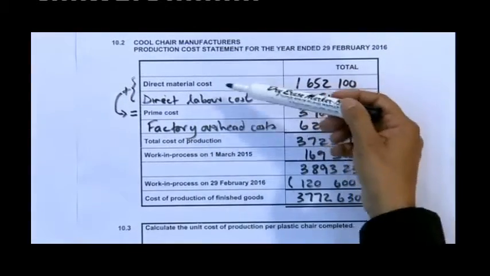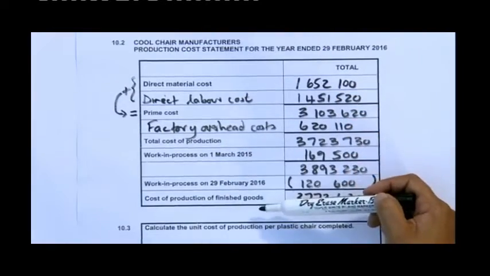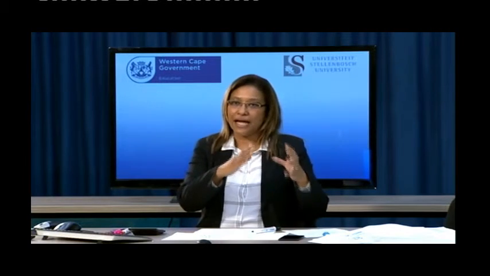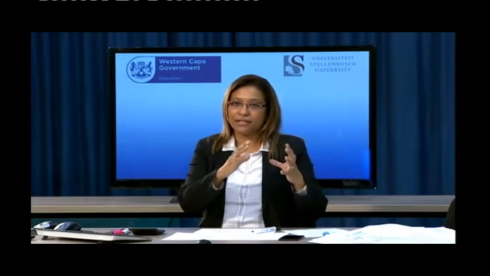My notes always guide my production cost statement. Okay, so if you understand, firstly, like I explained, if you understand the costs, I have direct costs, direct materials plus direct labor equals prime cost. That's the first part of your production cost statement. Then you have indirect costs, and all your indirect costs put together is actually your factory overhead costs.